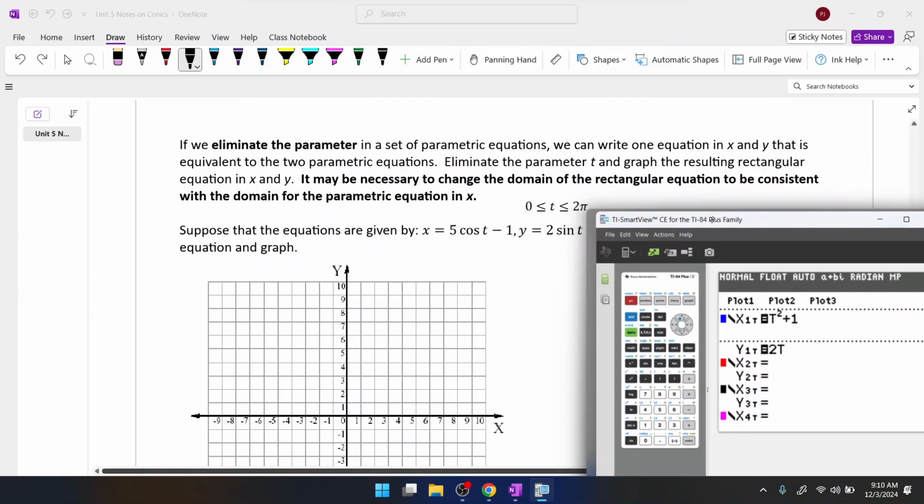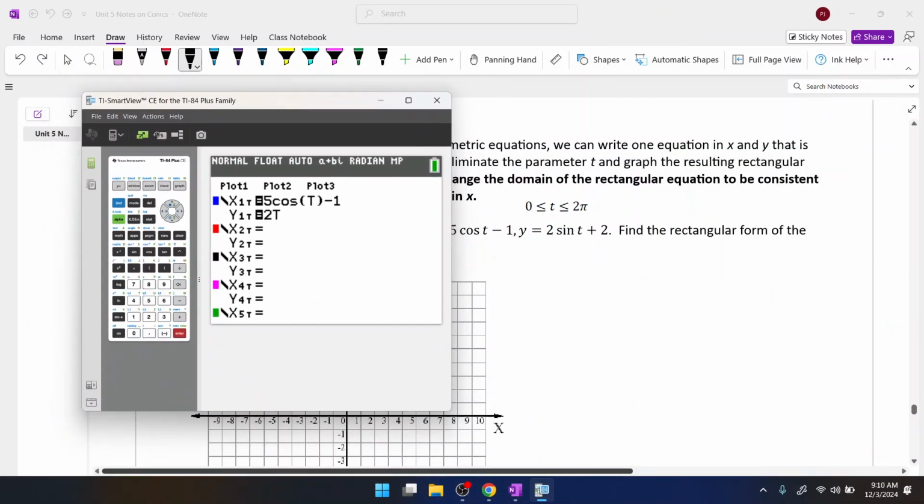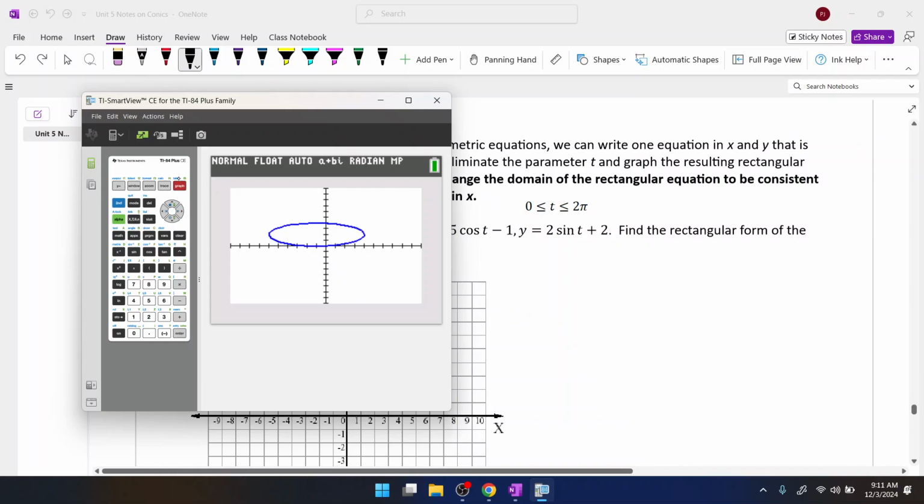We're going to type in 5 cosine of t minus 1 for x, and for y, you have 2 sine of t plus 2. Now, generally, t will be between 0 and 2 pi. When you go to graph it, this looks like an ellipse. Well, it's going to be an ellipse.